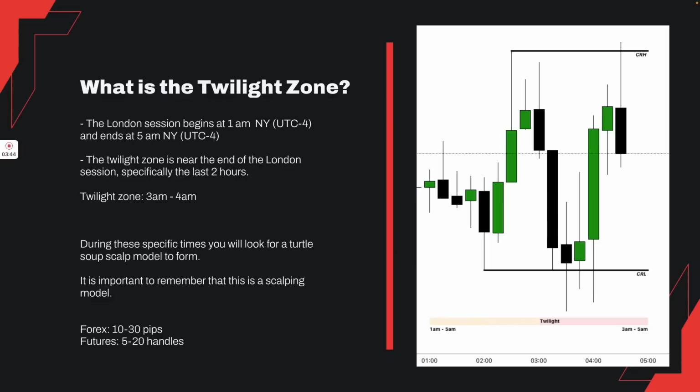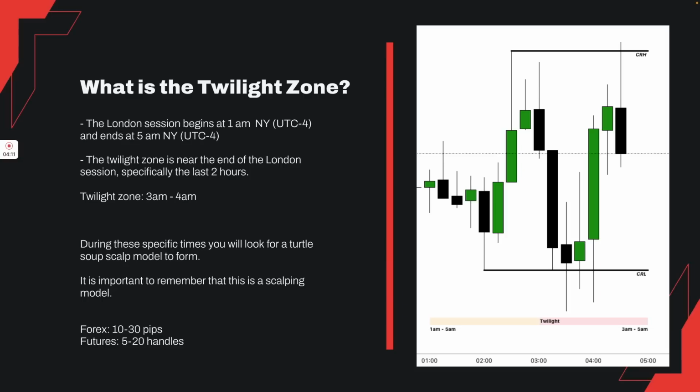You guys are probably all wondering, what is this twilight zone that I might be referring to? Well, first off, let's talk London. The London session starts at 1 a.m. New York Eastern Standard Time and ends at 5 a.m. New York Eastern Standard Time. Guys, I can't stress this enough.